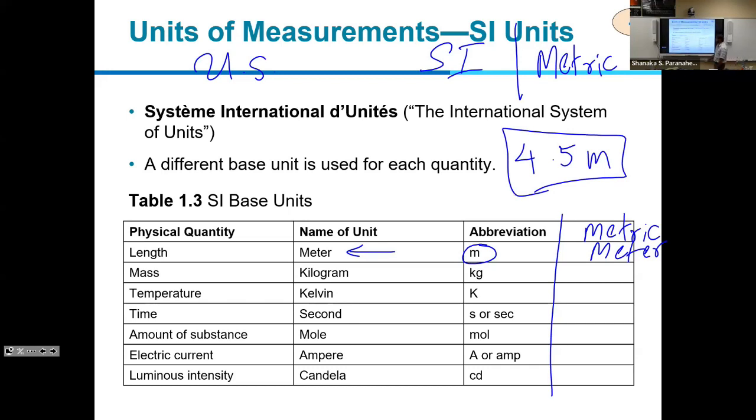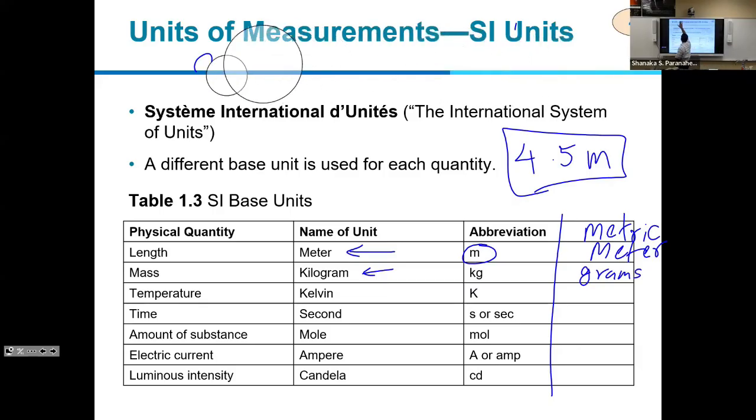Next one is the mass. The SI unit system uses kilograms, and the abbreviation is kg. Kilogram is the base unit in the SI system to measure mass. In the metric system, it's grams. So now we can see there are some similarities and differences between the SI and metric.